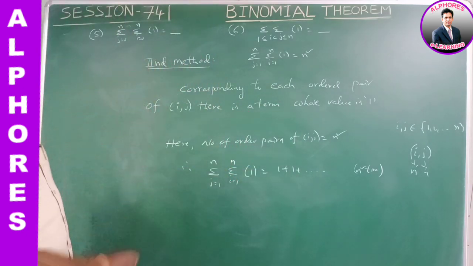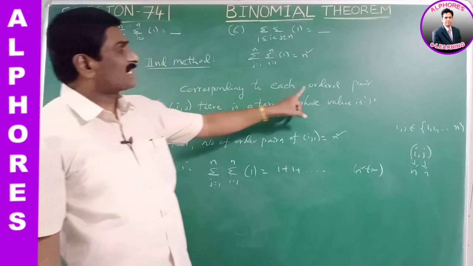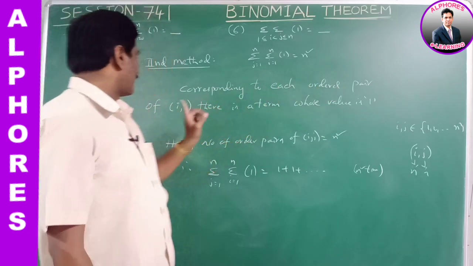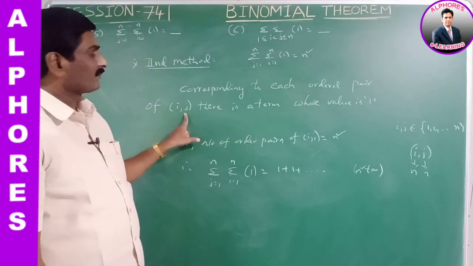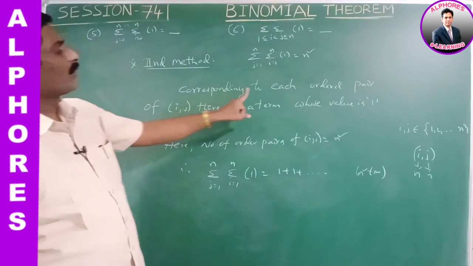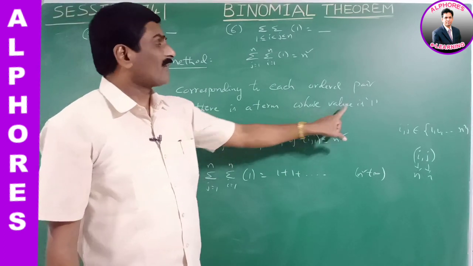Second method, a very, very important method. Corresponding to each ordered pair of i comma j, there is a term whose value is 1.